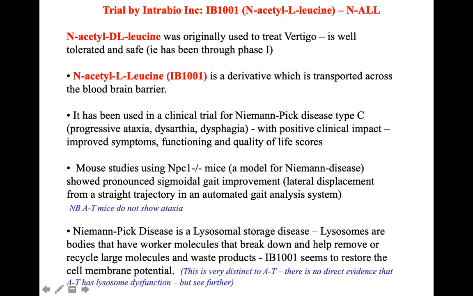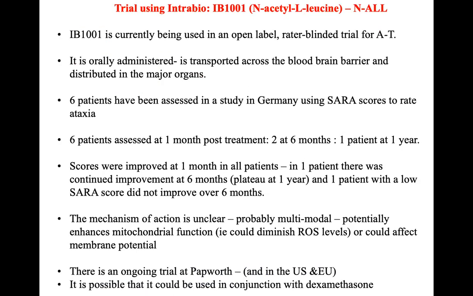It seems to affect the membrane potential, that's the charge across the membrane. But all this lysosome function is very distinct to AT. There's no direct evidence that AT has any lysosome dysfunction, but we'll come back to where there might be an overlap. So IB1001 is currently being used in an open label rater blinded trial for AT.